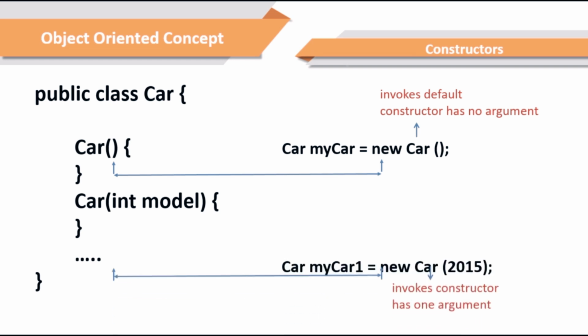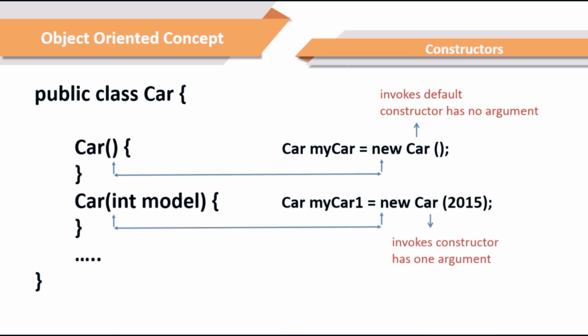And then in creating the second object, the new keyword also creates the object of class Car and invokes the constructor that has one parameter to initialize the newly created object.